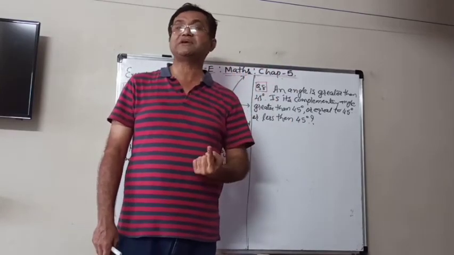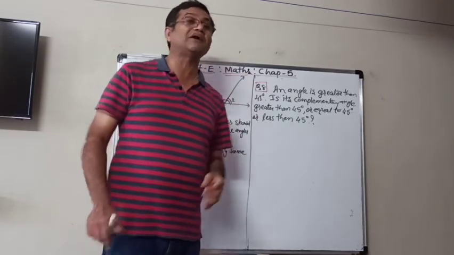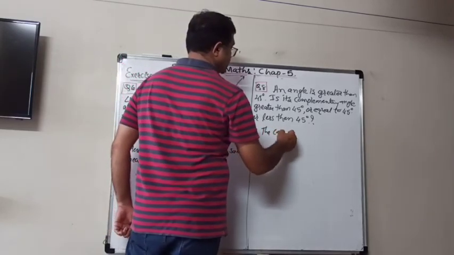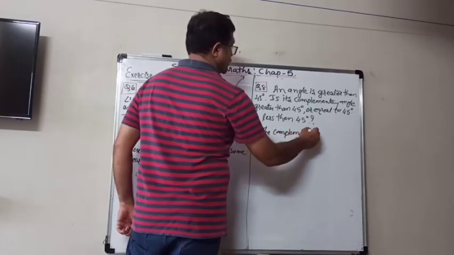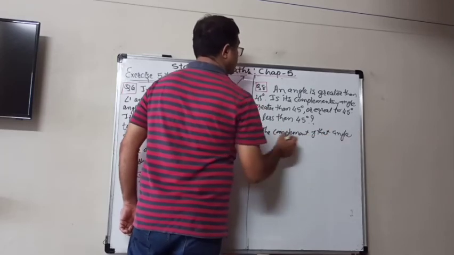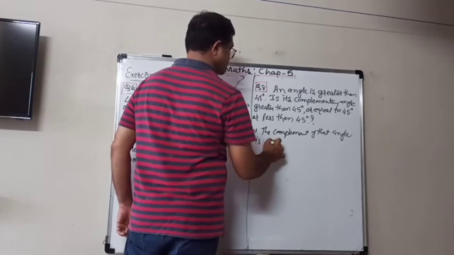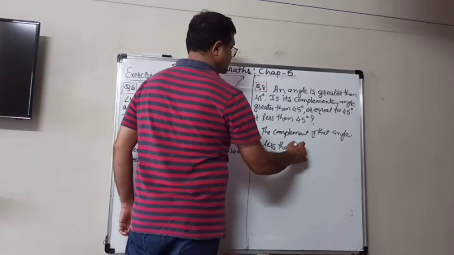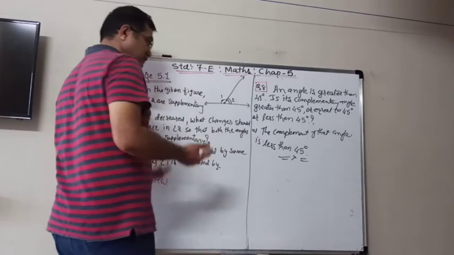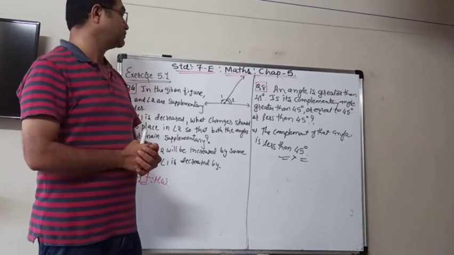It means that only possible thing is that the complement of that will be less than 45 degree. So you can write down answer. The complement of that angle must be less than 45 degrees, because it cannot take 45 degree or more than 45 degree also.